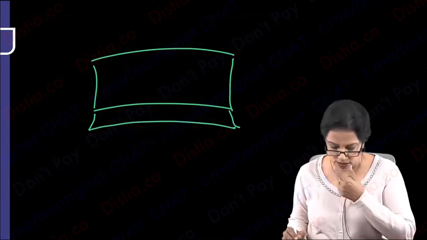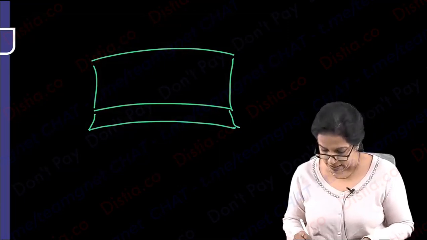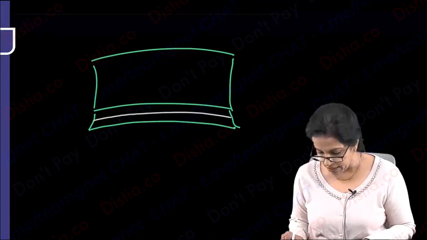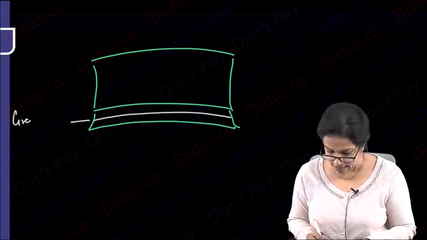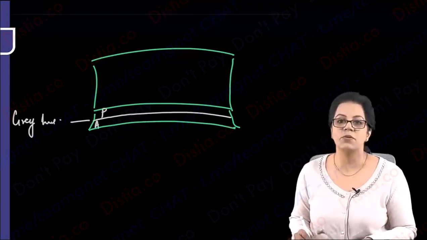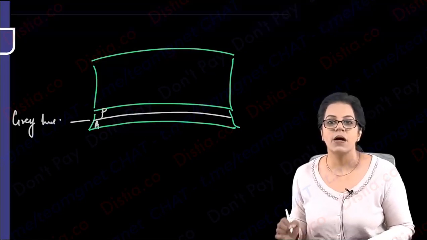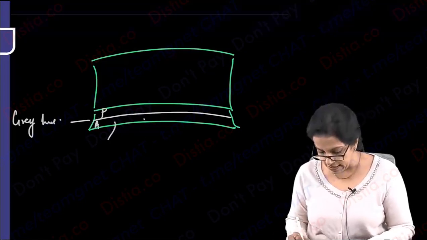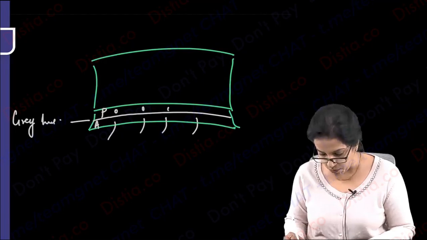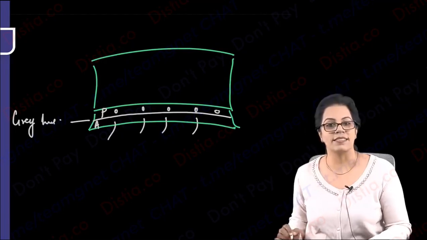This lid margin is divided by a line that is called the gray line into two parts, that is the anterior lid margin and the posterior lid margin. Now, from the anterior lid margin the eyelashes are arising, and the posterior lid margin has openings of meibomian glands.